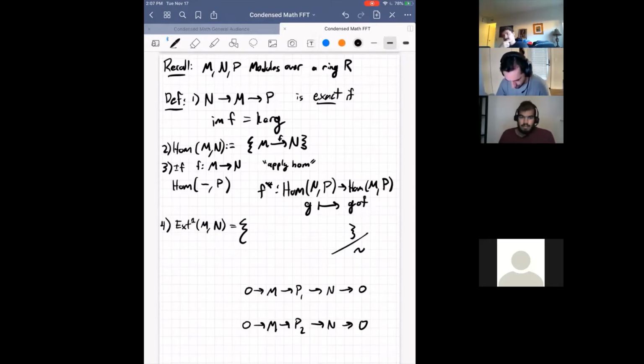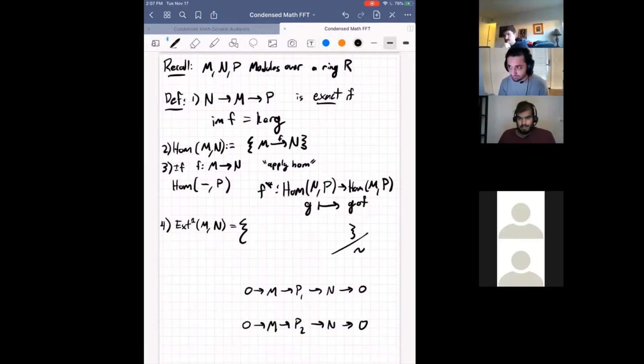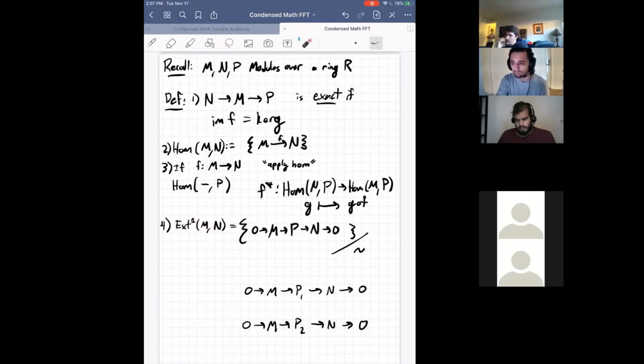Ext is the set of, what's that? Someone say something? Nope. Okay. Ext is a set of short exact sequences. So we're going, say, 0 to M to P to N to 0. And again, you recall this kernel mod image thing is going to mean that this map is injective and this map is surjective.